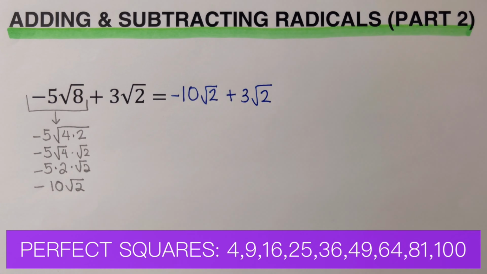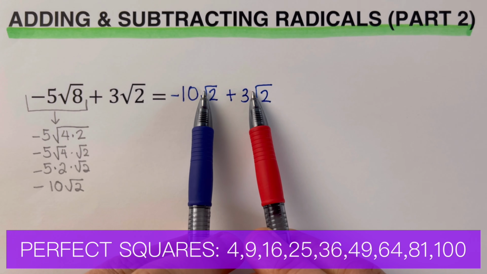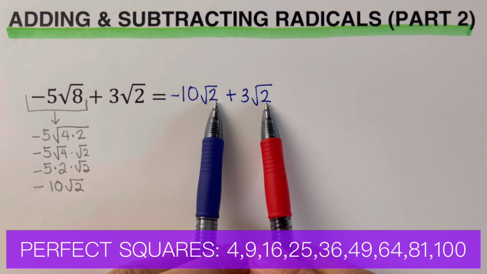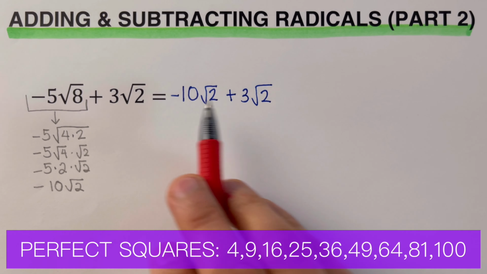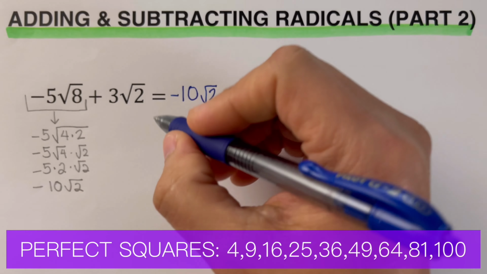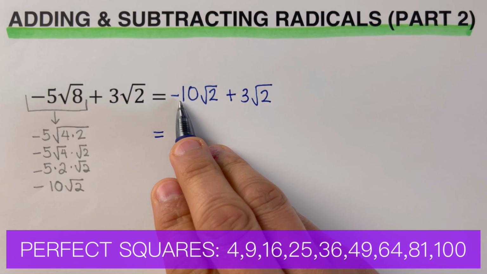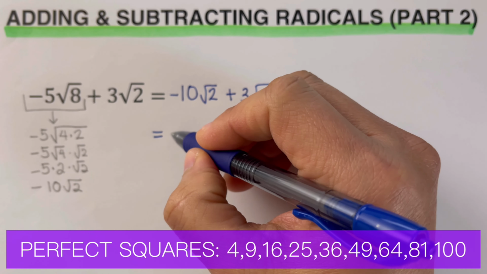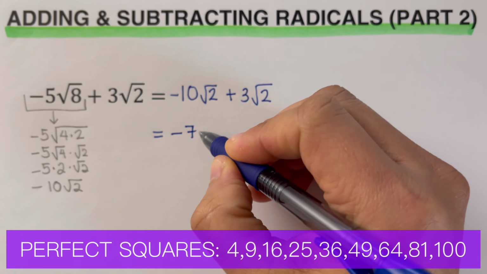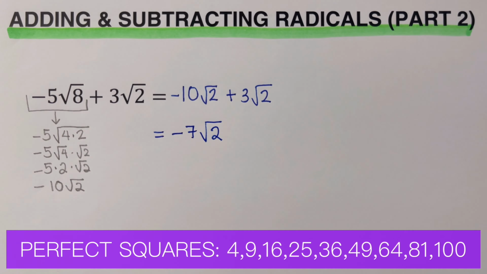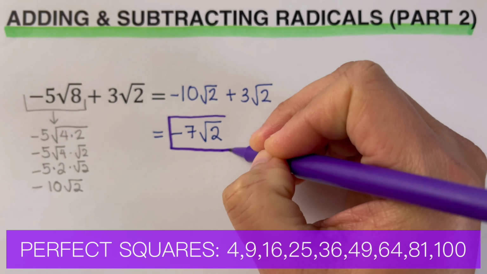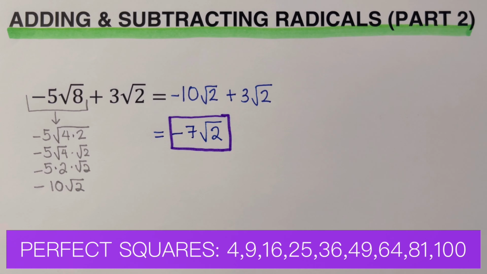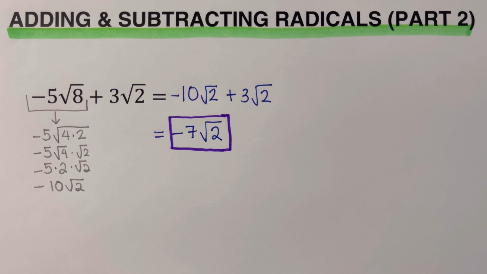Now notice that their indices are the same and their radicands are the same, so we can add their coefficients. Negative 10 plus 3 is negative 7. We copy the square root of 2, and this is the sum of the two radical expressions up there. Now let's move on to the next example.